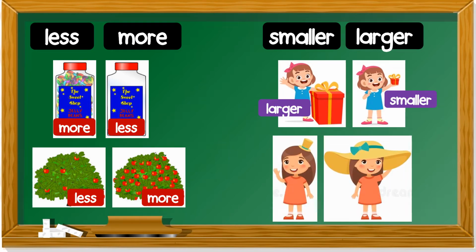How about this one? We compare the hats. Which one has the smaller hat? This one is smaller. This one is larger. You need to remember less, more, less, kurang, more, lebih. Smaller, larger, smaller, lebih kecil, larger, lebih besar.